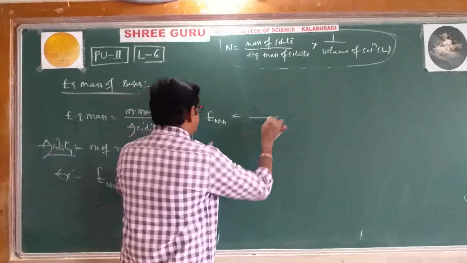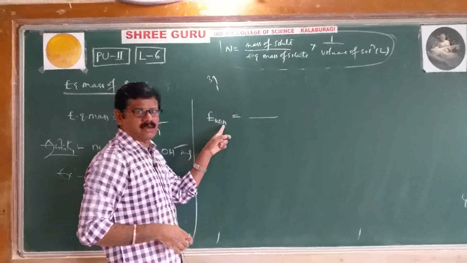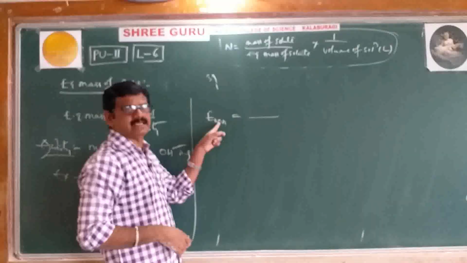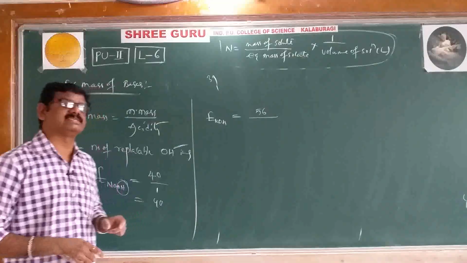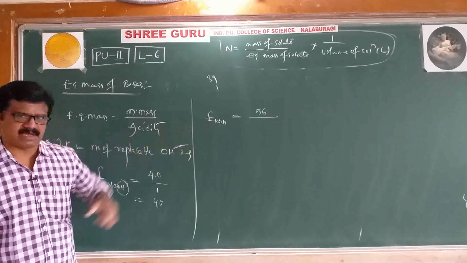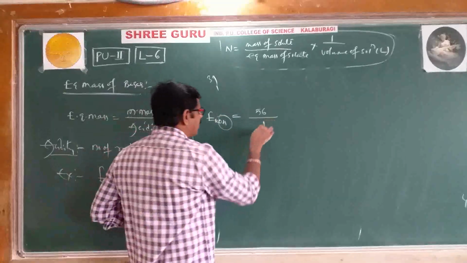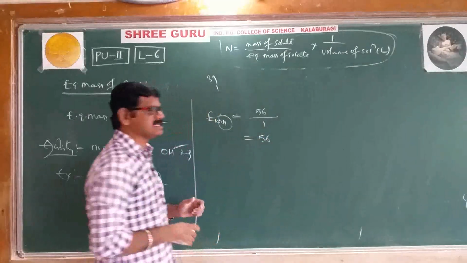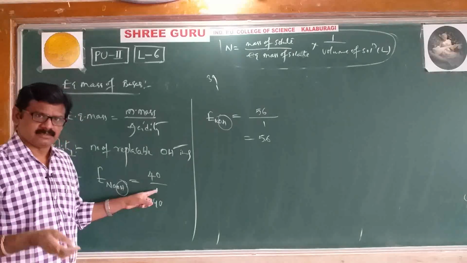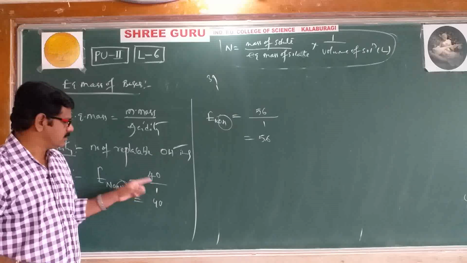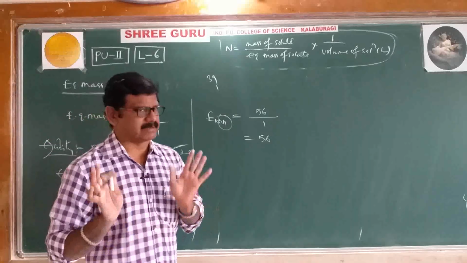The molar mass: potassium is 39, hydrogen is 1, so 40, plus oxygen 16 means 56. 56 is the molar mass of potassium hydroxide. How many displaceable OH- ions are present? 1. That's why equivalent mass is also 56 only. Remember, if the valency is 1, that is, the n factor is 1, then molar mass and equivalent mass remain the same, right.